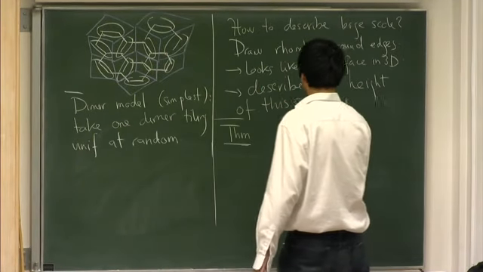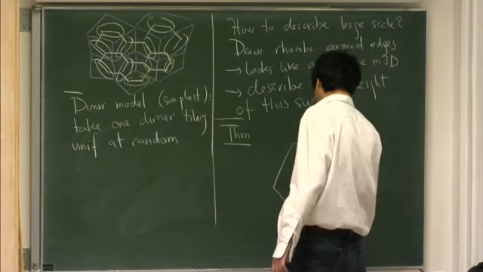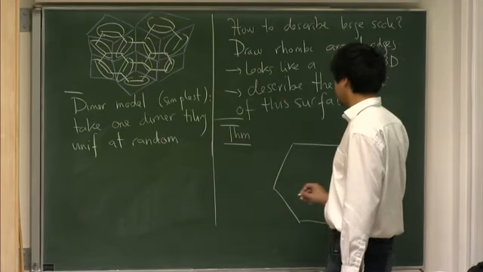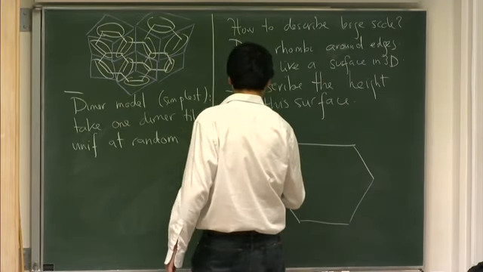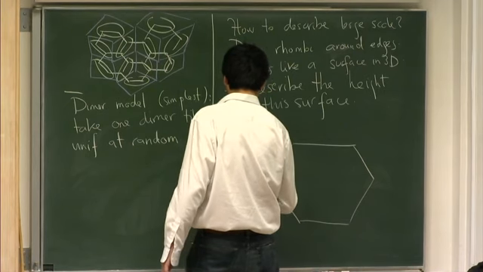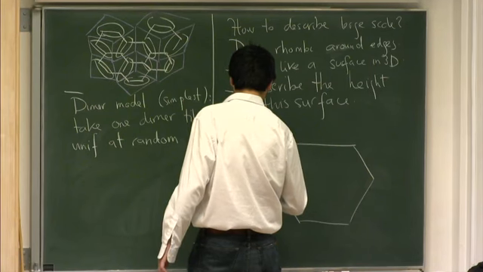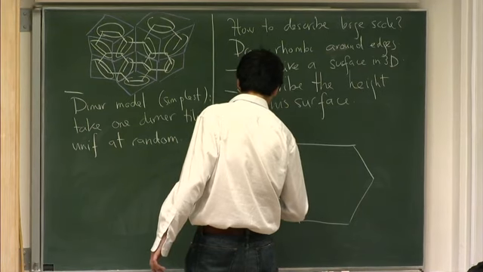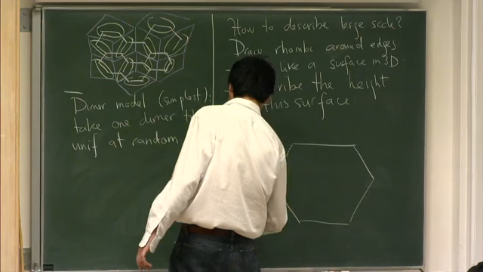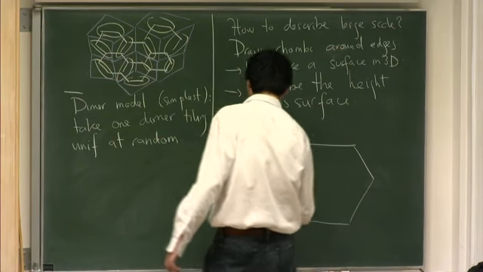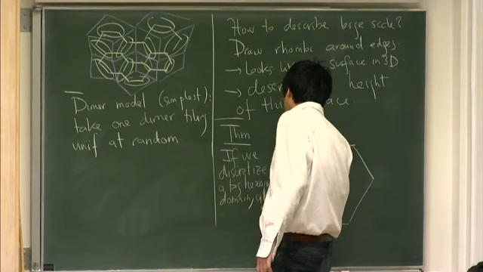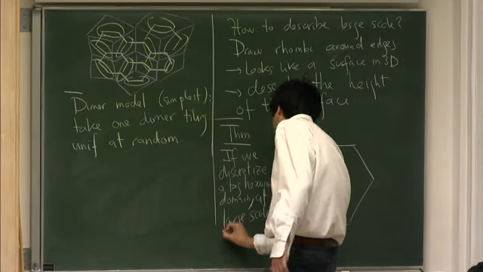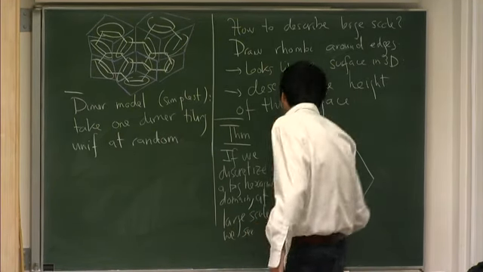The first is a theorem which says that if we discretize a big hexagonal domain, at large scales, we see something like that.